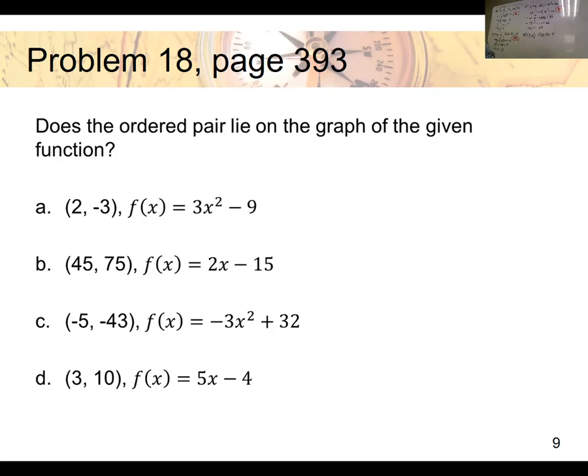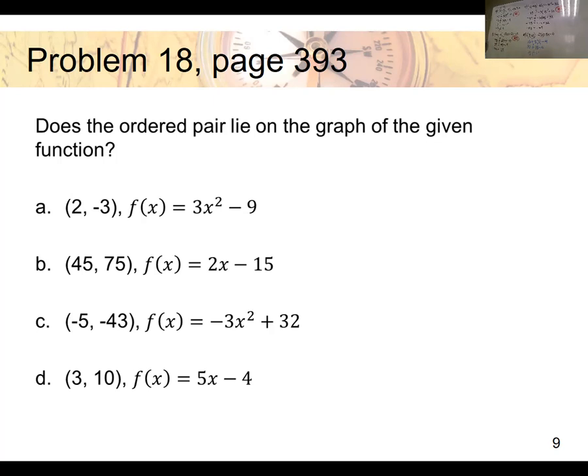So when I substitute, my f of x is going to be 10. That's equal to 5 times my x, which is 3, minus 4. Well, 5 times 3 will be 15. And if I do 15 minus 4, I'm going to get 11.